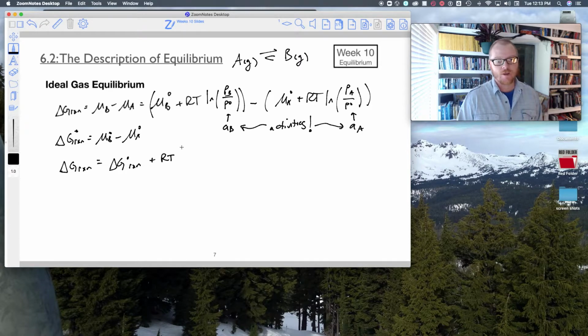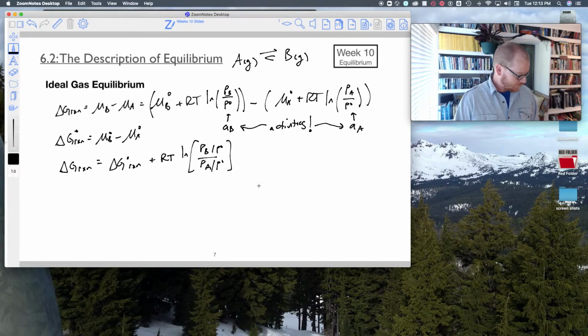RT natural log. And so technically what all of this makes here, I'm going to put this in brackets. I have now, this will be PB over P standard divided by PA over P standard. So the ratio of activities, okay?